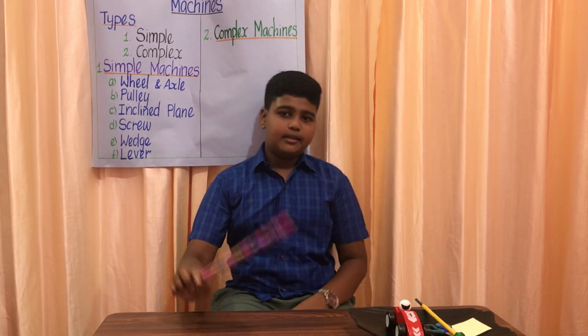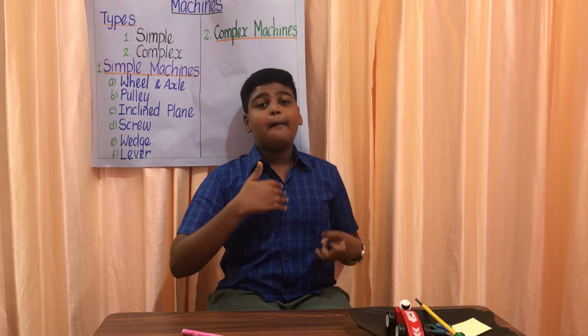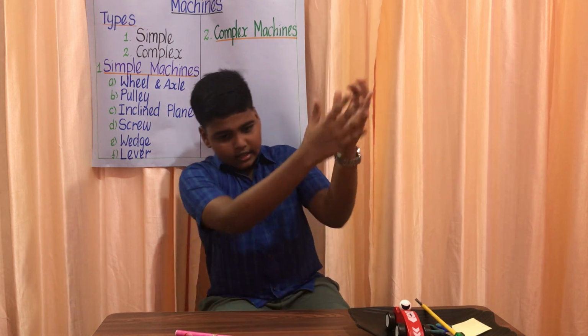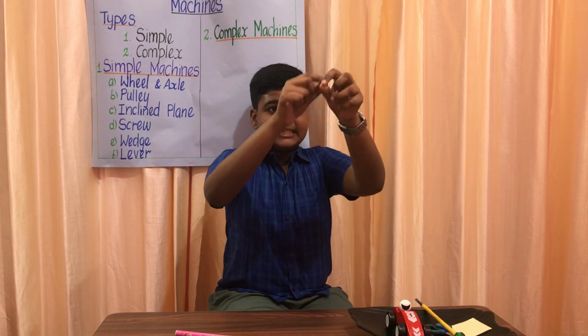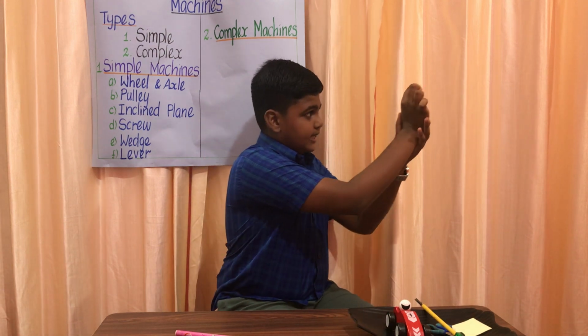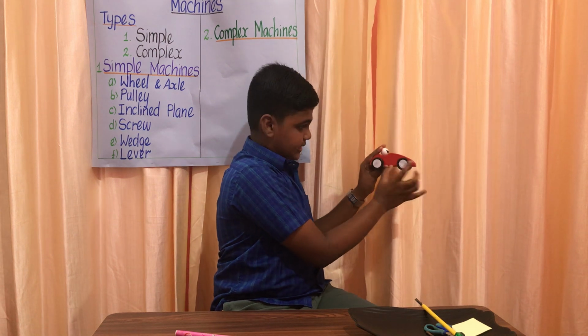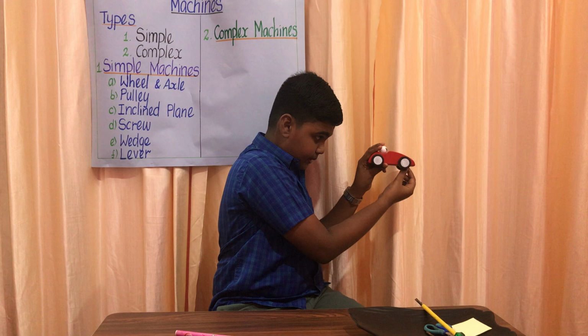Next is the pulley. I don't have an example to show you, but one example I can tell is the crane. Cranes have a small hook that is attached to a pulley, and here I will define. This is a wheel and axle. Here there will be an axle, which means a rod.